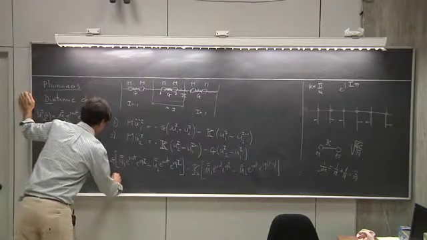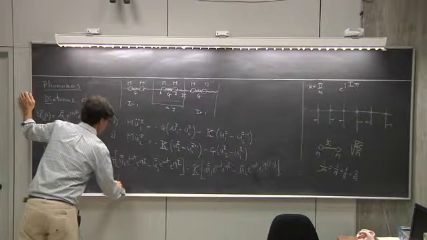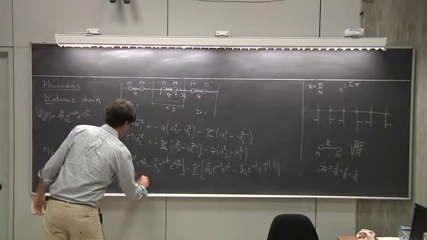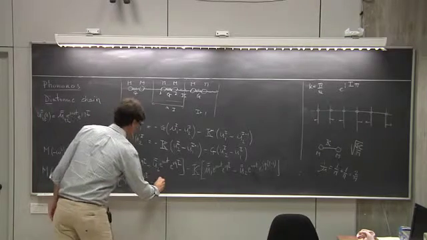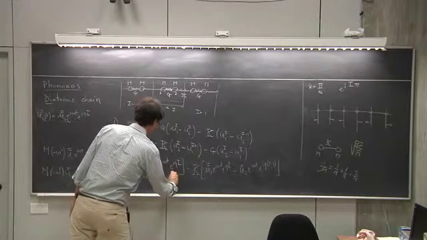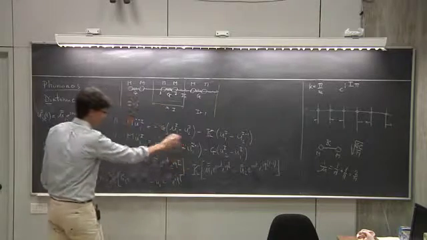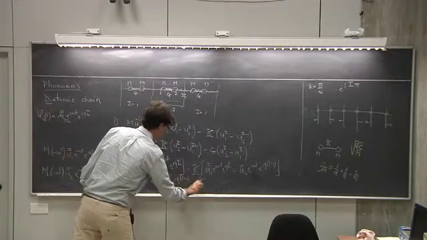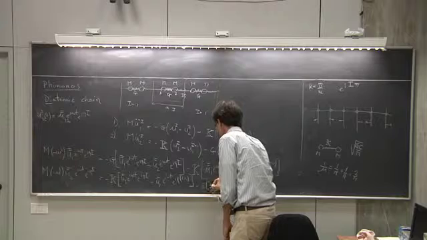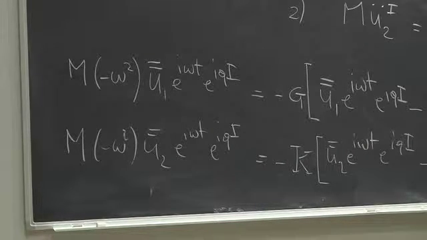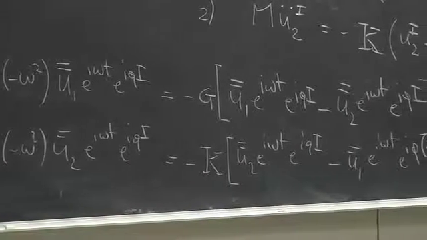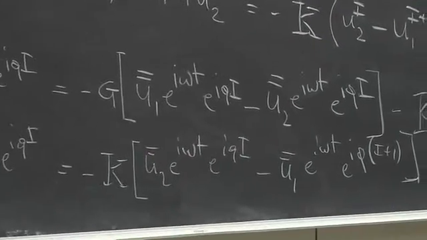Equals minus capital K, u double bar 2 e to the I omega t e to the I q I minus u double bar 1 e to the I omega t e to the I q I plus 1. Minus g, u double bar 2 e to the I omega t e to the I q I minus u double bar 1 e to the I omega t e to the I q I. All right.